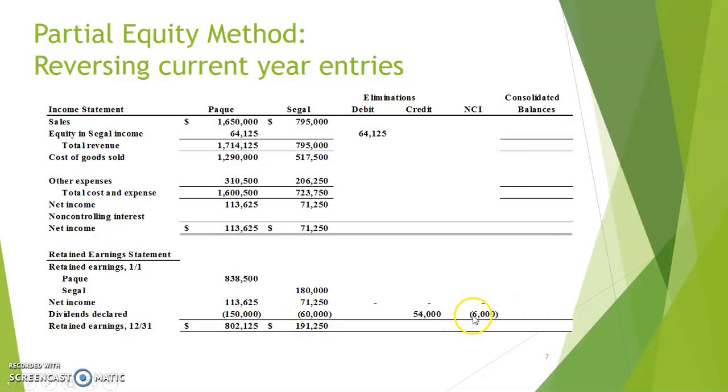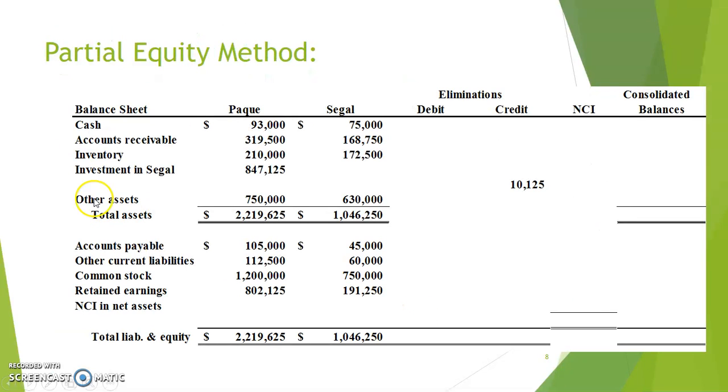The other 6,000 goes to the NCI. And the difference between 64,125 and 54,000 would be recorded in the investment account as a credit. So your investment account is now readjusted to reflect the beginning of the year balance in the investment account.